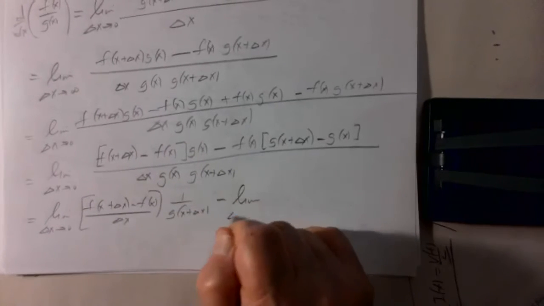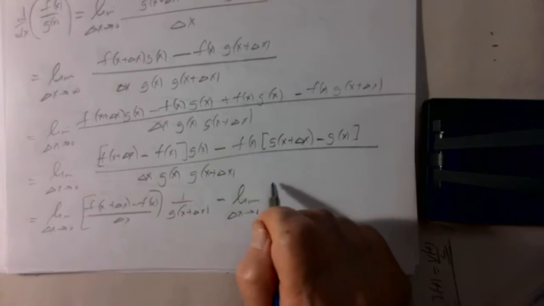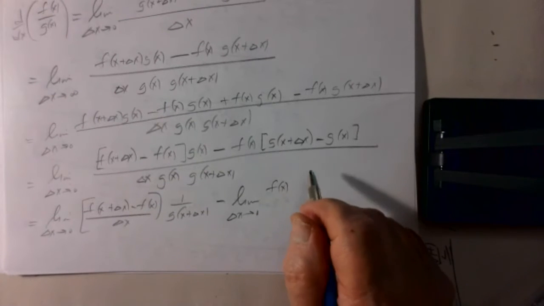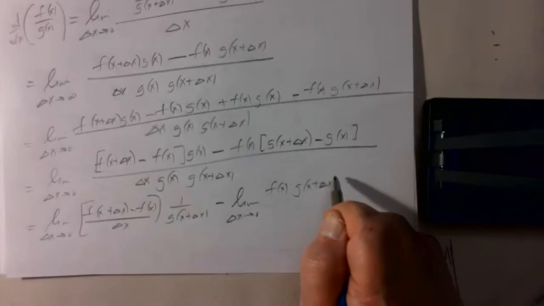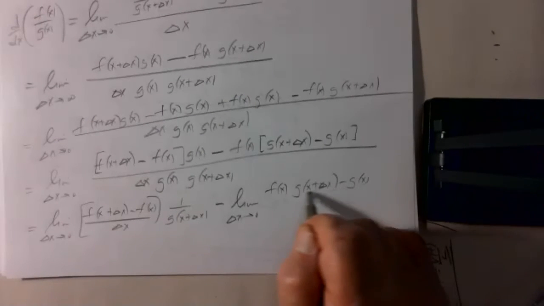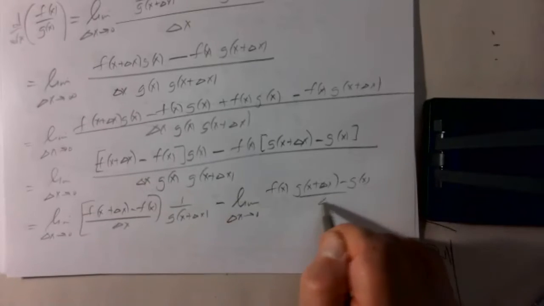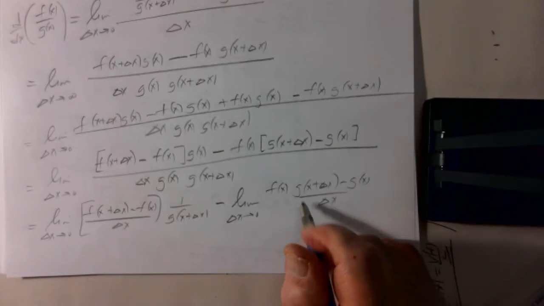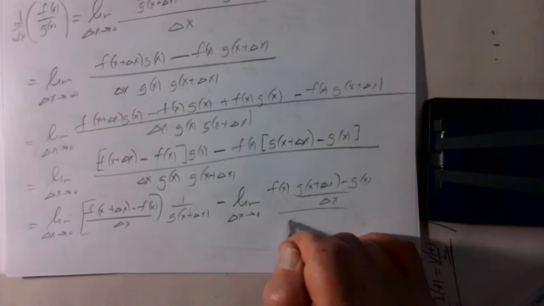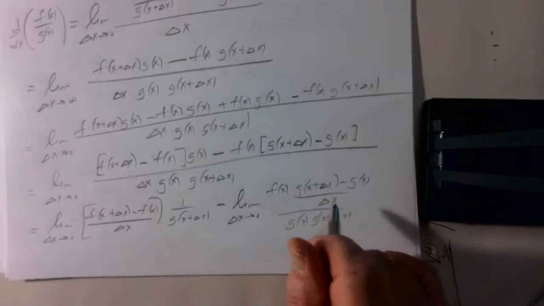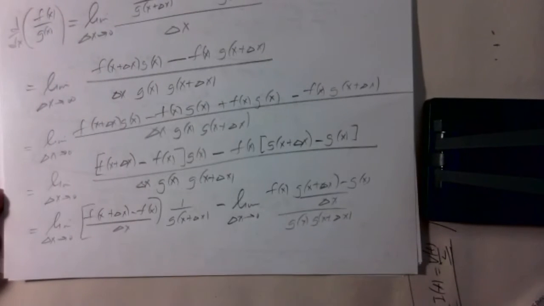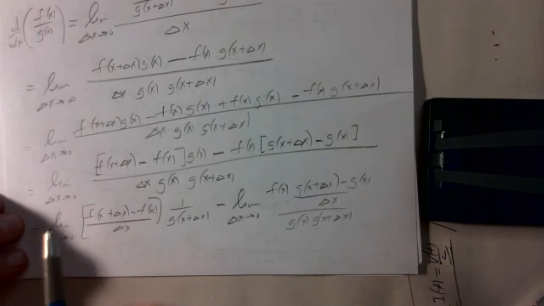Minus, the limit is delta x goes to 0. Here I have f of x, g of x plus delta x minus g of x over delta x over g of x plus delta x. Let's see. Oh, sorry. This is okay.